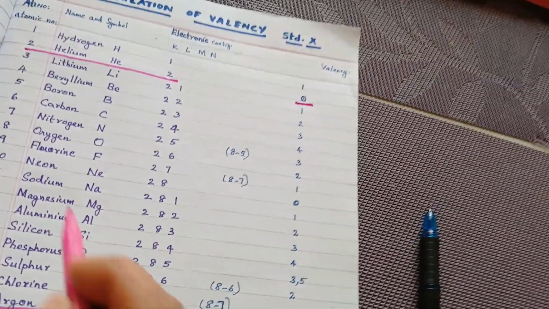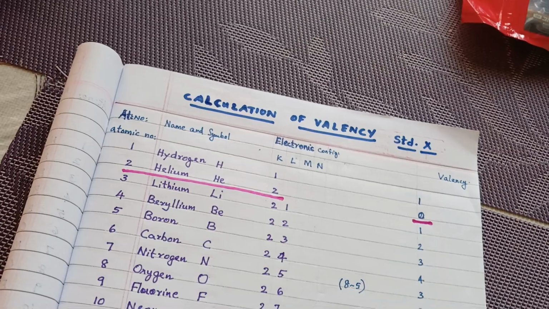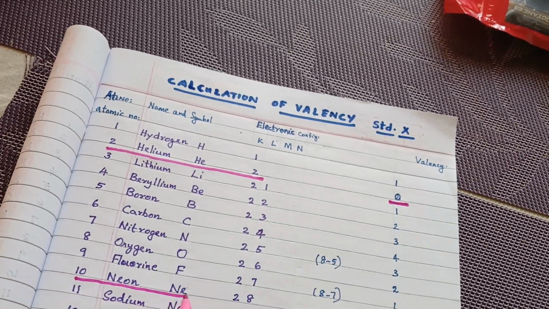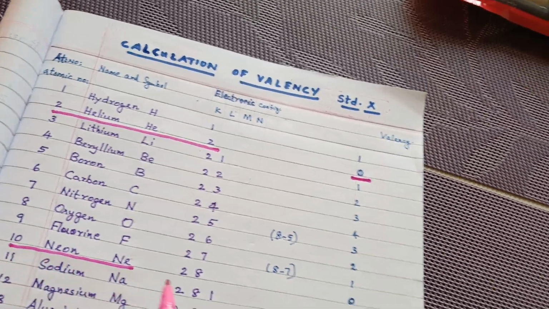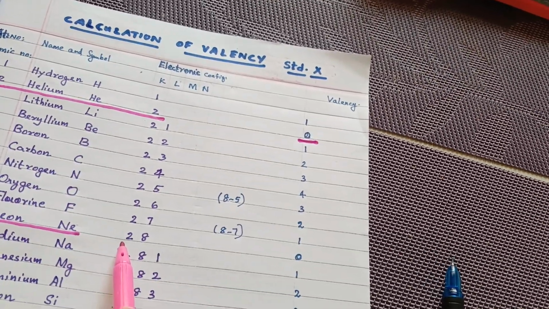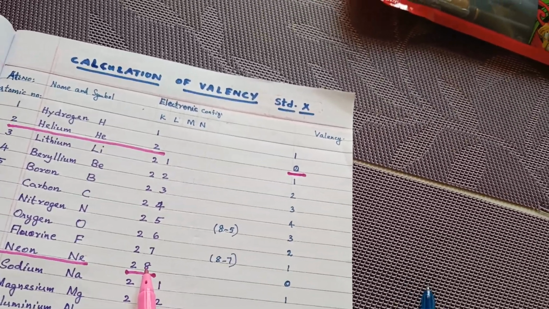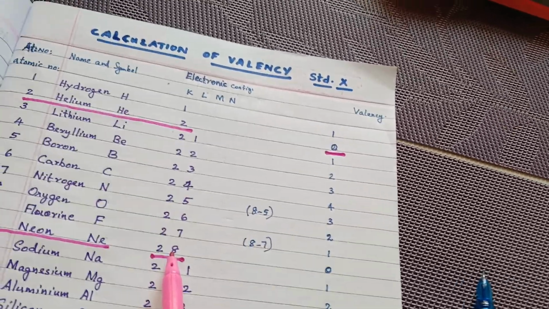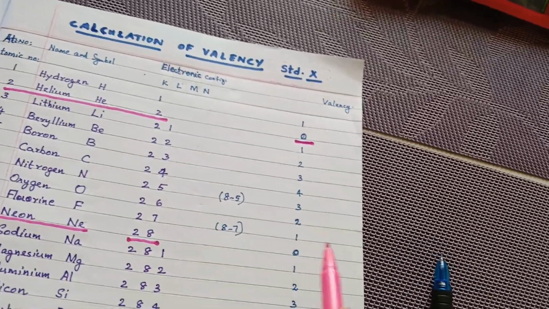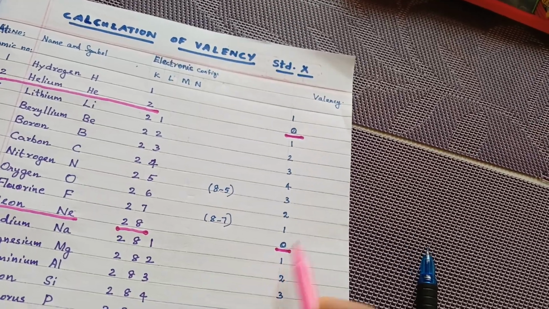Who else is there? Let us come to atomic number 10, neon. Neon is having atomic number 10. Its electronic configuration is 2, 8, and only 8 electrons can come in the L shell. So its capacity is full. So that is why it is also having a valency of 0.